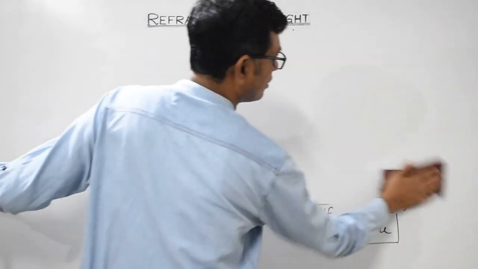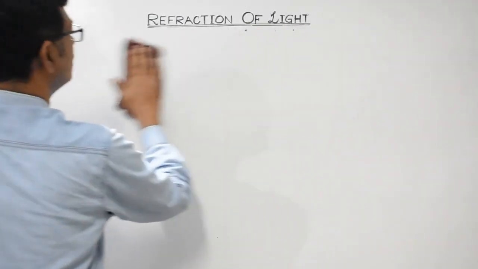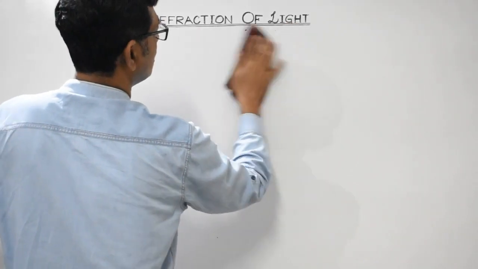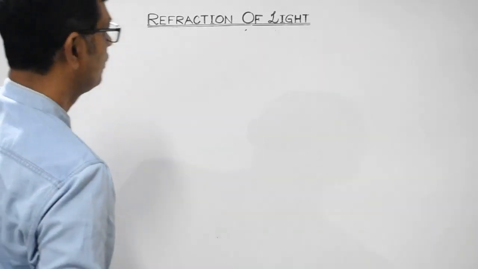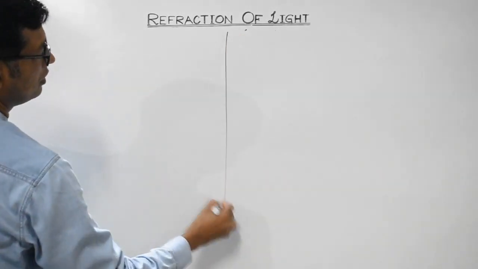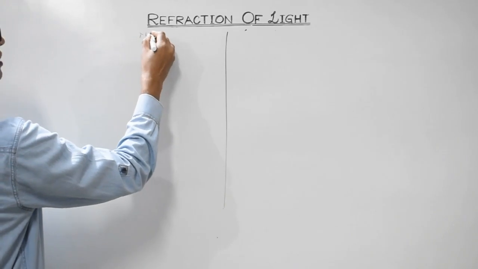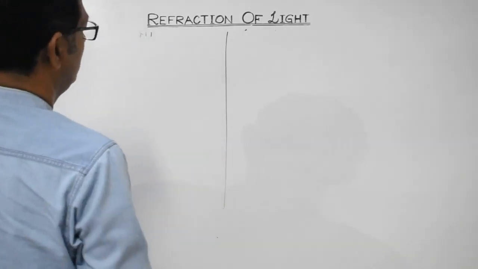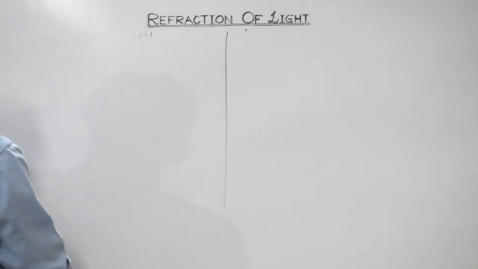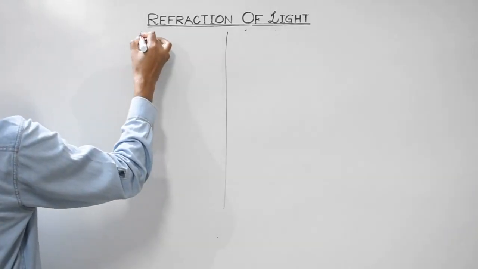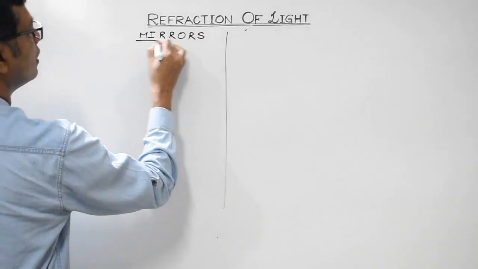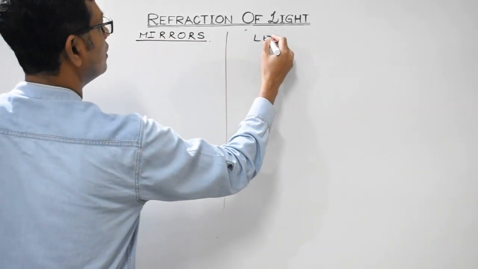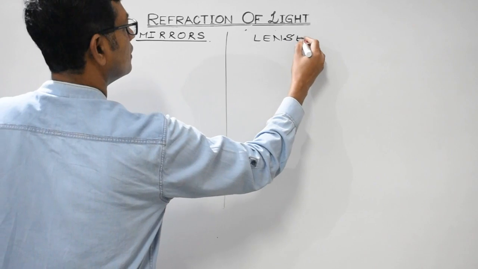What we'll do is, we'll prepare 2 columns and then we'll discuss the related concepts, right? Suppose this is in case of mirrors. Let's dedicate the first column to mirrors. And here for lenses.